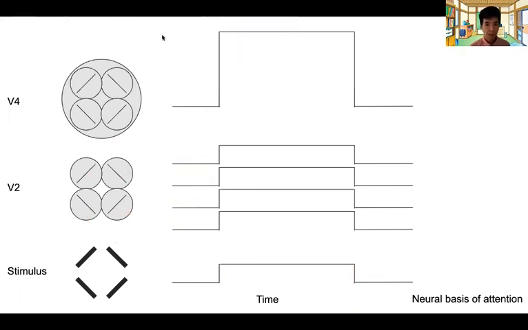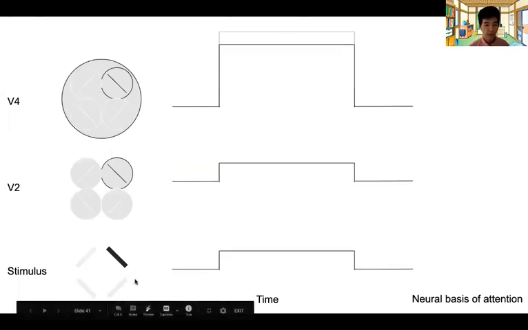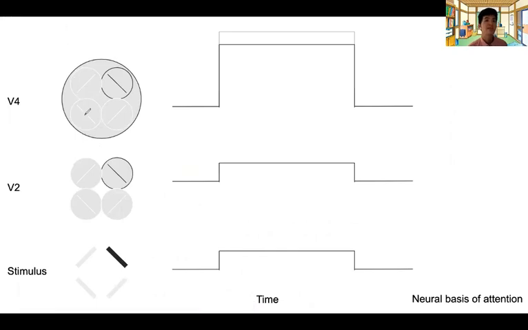Now, consider the next situation where I present the stimulus in only one of the edges of this square, and then nothing, or a very weak stimulus, for the rest. This particular neuron that prefers this location and this orientation still continues to fire at 50 hertz.